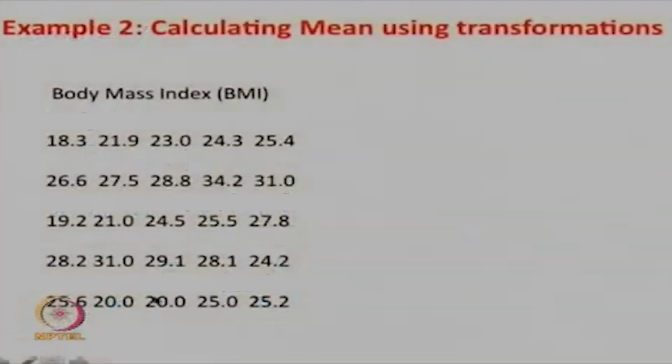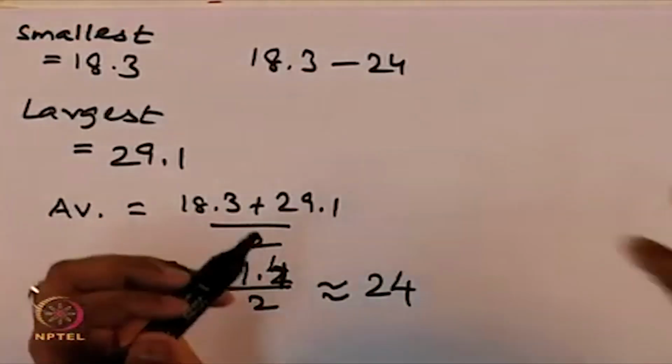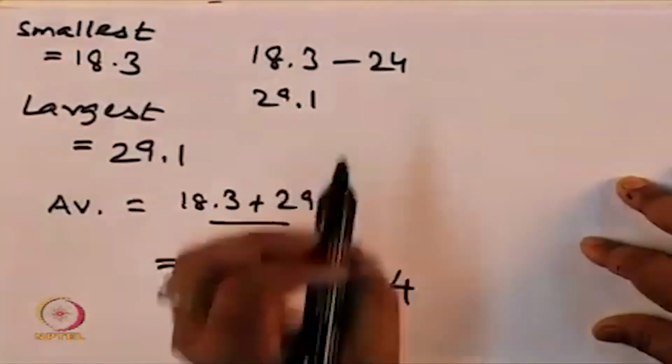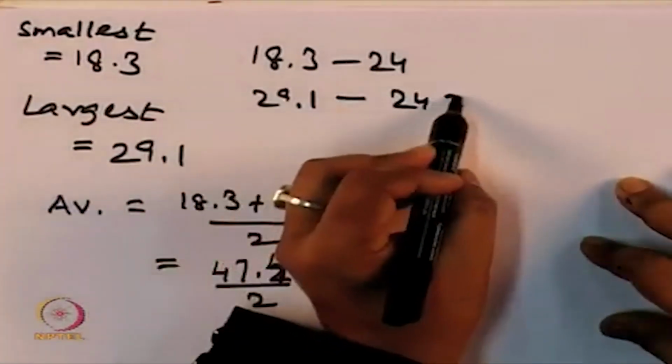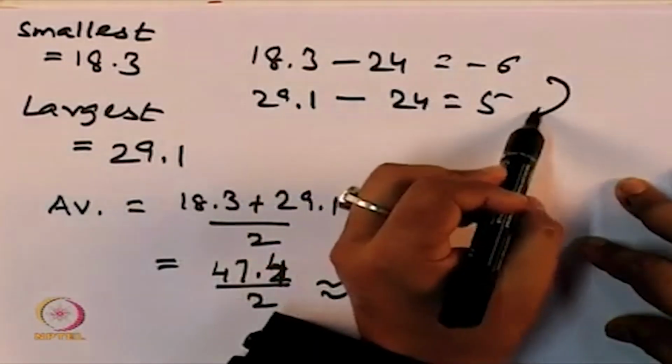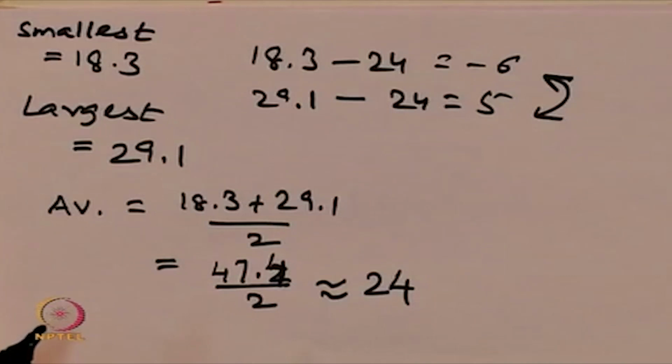If I look at this again, my 18.3 will give me a value of 18.3 minus 24, while 29.1 minus 24 will give me roughly 5, and the other will be roughly minus 6. So, you see that these two numbers, if I add them up, will give me a value close to 0. In this way, we can make use of transformations to make our life a lot easier, particularly when we are not working with a calculator.